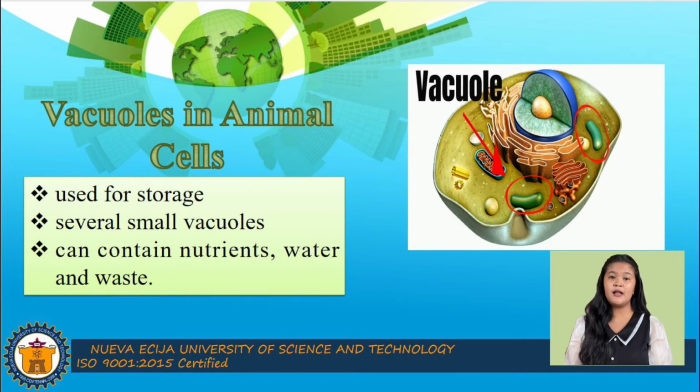Vacuoles in animal cells do not help in providing structure to the cell. Instead, they help in the transportation of several substances into and out of the cell. The vacuole usually provides two types of transport, exocytosis and endocytosis. In exocytosis, vacuoles accumulate waste products and actively transport them out of the cell.